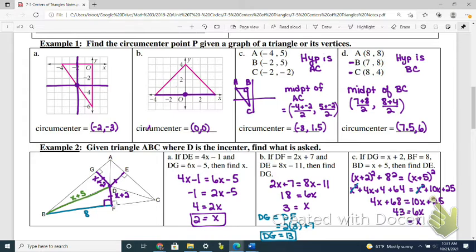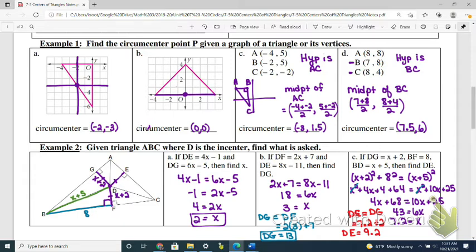So I get x equals 7.2. But I didn't want to find x, I want to find DE. So we know that DE equals DG, which is 7.2 plus 2. So DE is 9.2.